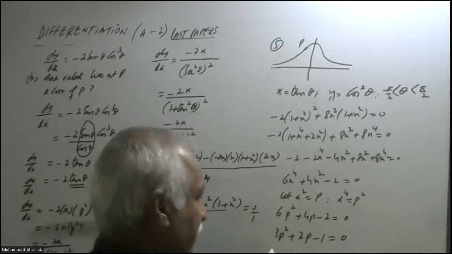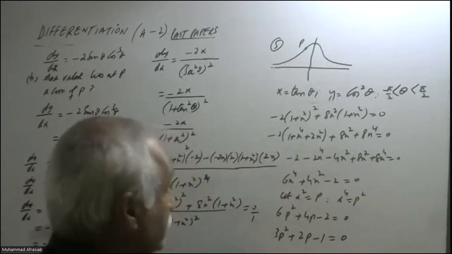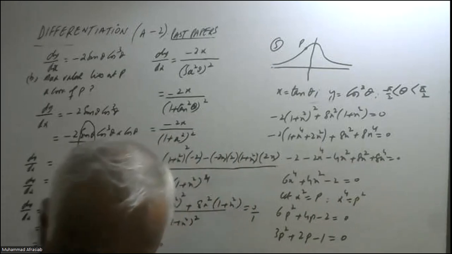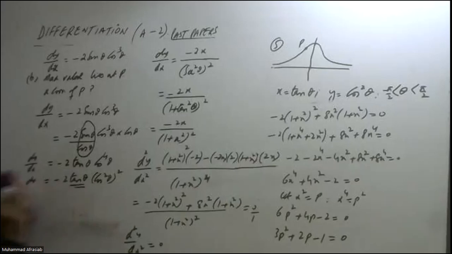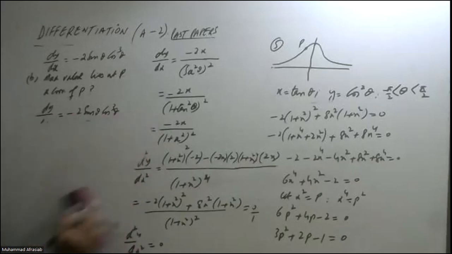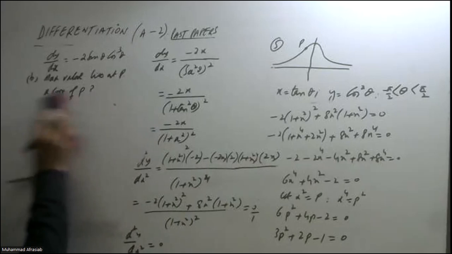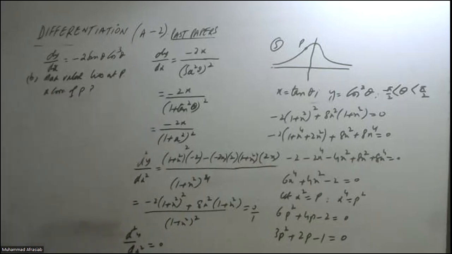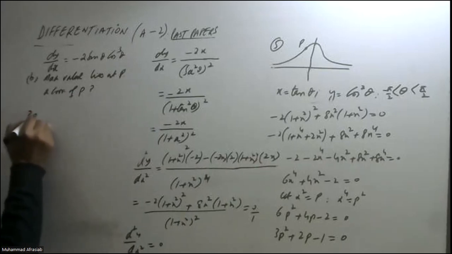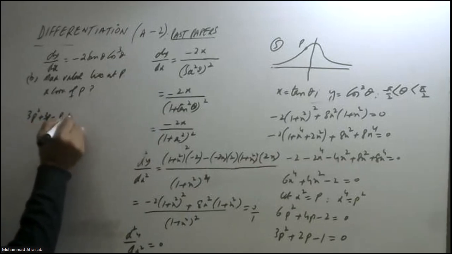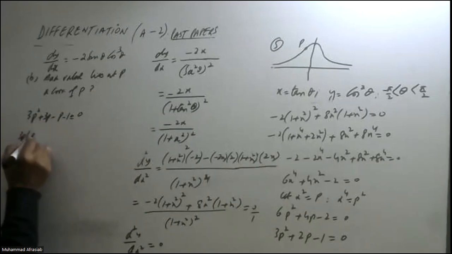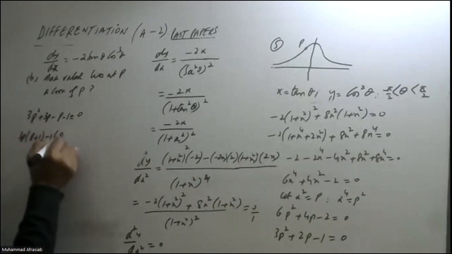If we factorize this, it is 3p square plus 3p minus p minus 1 equal to 0. 3p is common, p plus 1 is common.